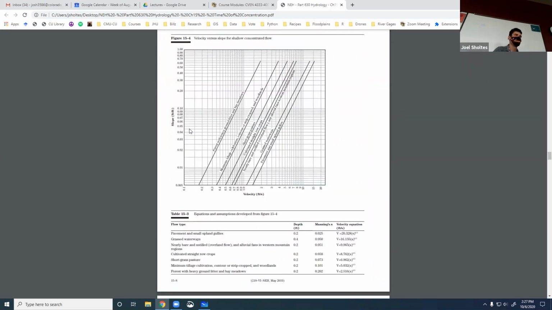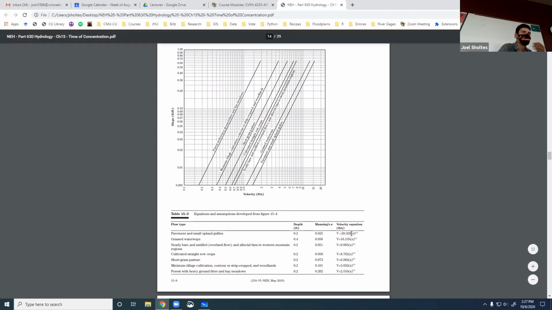So what this is showing you is just a very simple power law equation where you have velocity down here, slope up here. I might flip this if I were really, because velocity is our dependent variable and slope's the independent variable. But it shows you that you've got different kinds of covers: forest with heavy ground litter, pavement down here. Somewhere in between, we've got grass pasture.